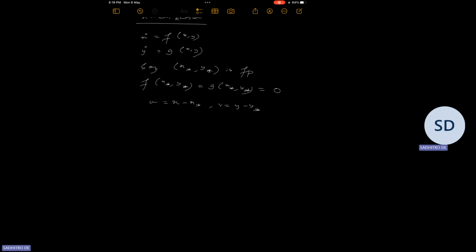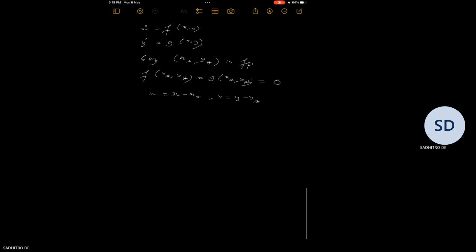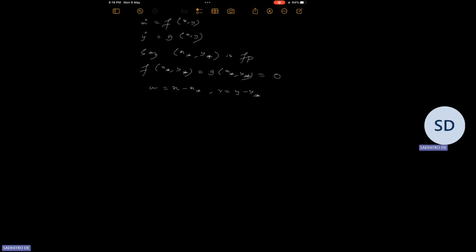If the perturbation decays, it would be a stable fixed point. And if the perturbation grows, it will be an unstable fixed point or a repeller. We have u dot equal to x dot and v dot equal to y dot as a consequence of this.